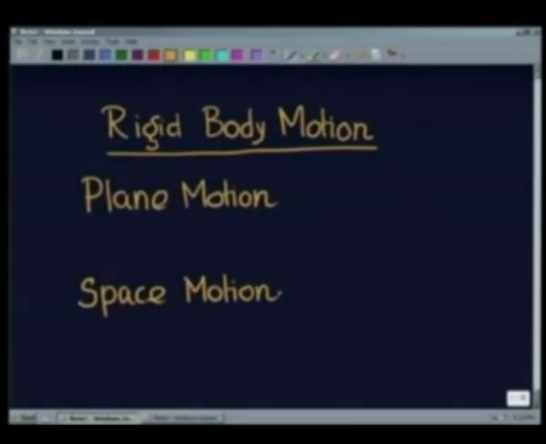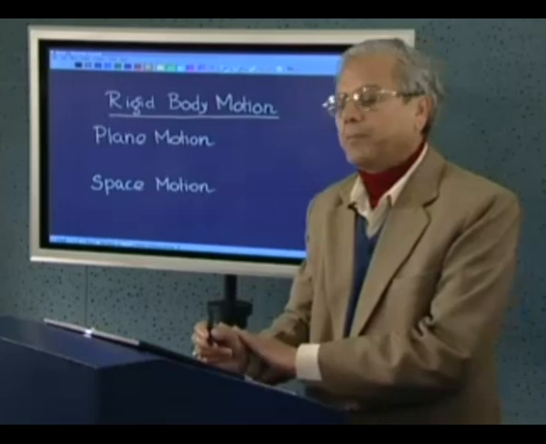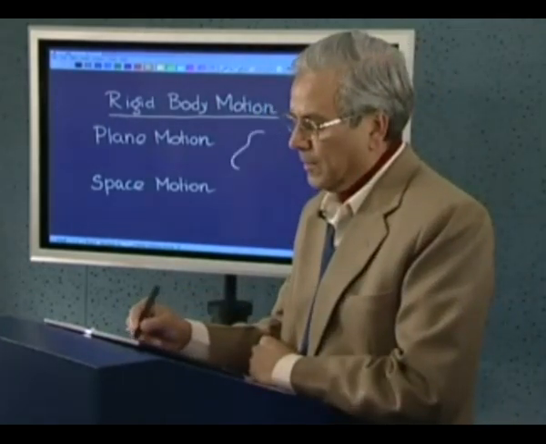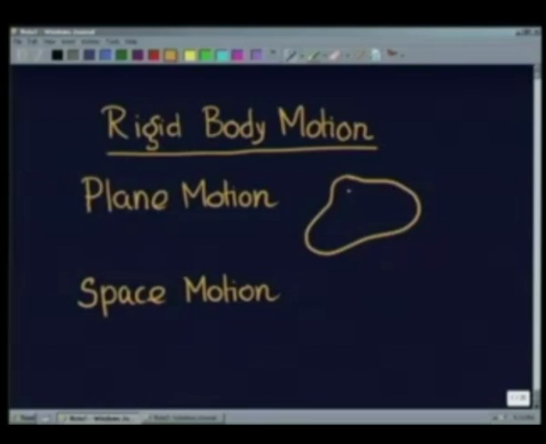Now, when you call the motion of a rigid body a plane motion, it is the situation where all the particles of a rigid body move in different directions, no doubt, but at any instant of time, all the velocity or displacement vectors lie in one plane or in parallel planes.